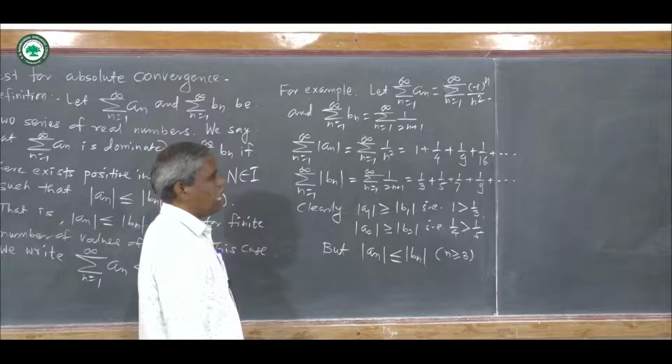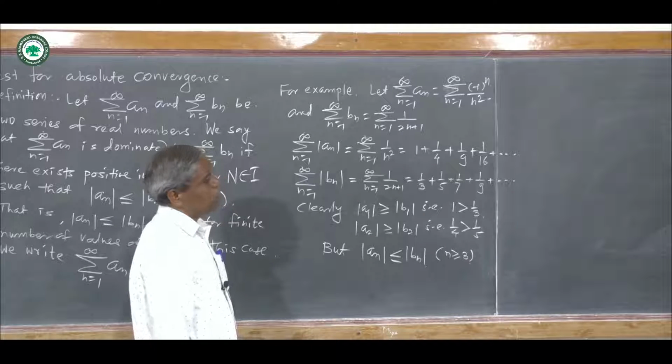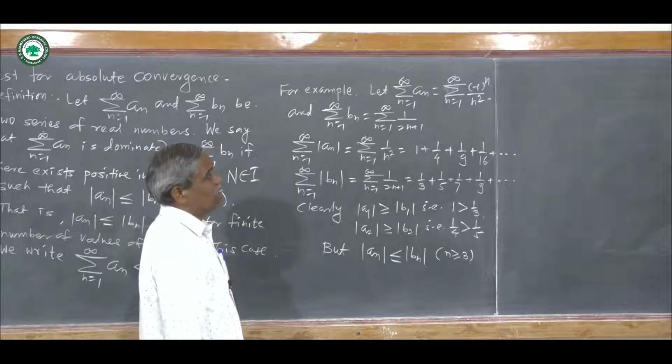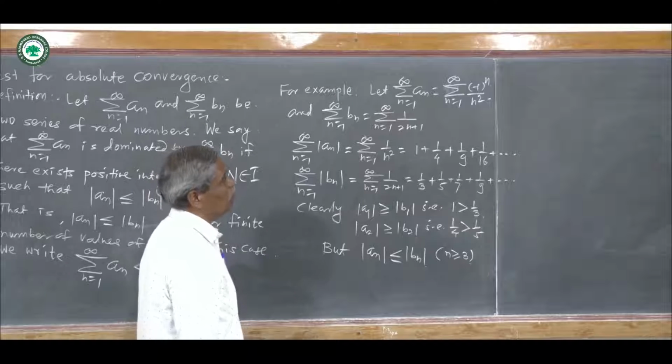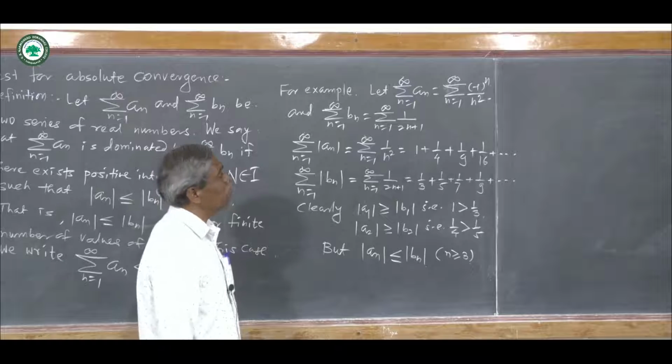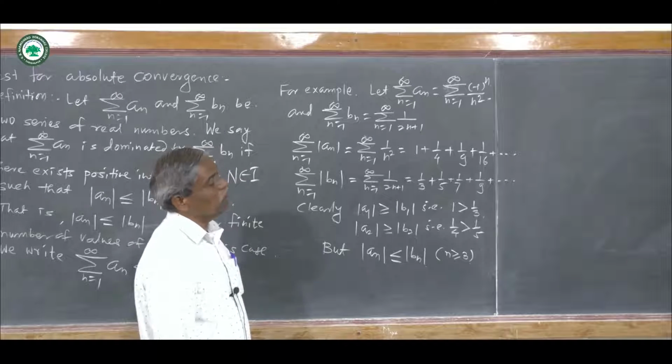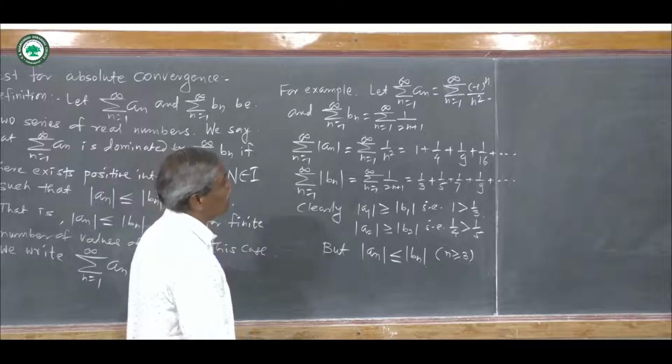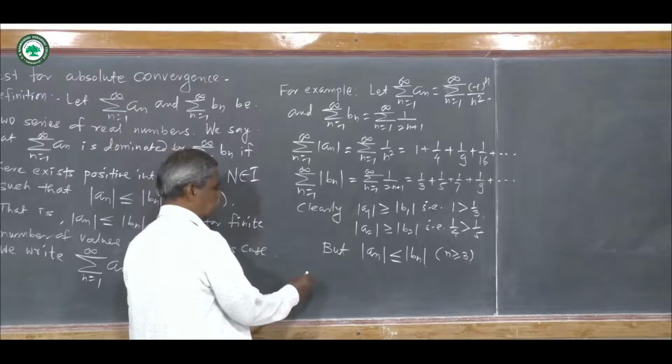Therefore, sigma an is dominated by sigma bn, that is summation n is equal to 1 to infinity minus 1 raised to n upon n square is dominated by sigma 1 upon 2n plus 1, n is equal to 1 to infinity.